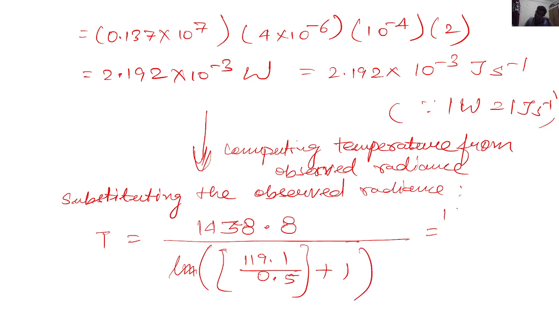It comes out to be 1438.8 by 5.477 equal to 262.6 kelvins. Okay, and 262.6 kelvins is around minus 10 degrees Celsius.